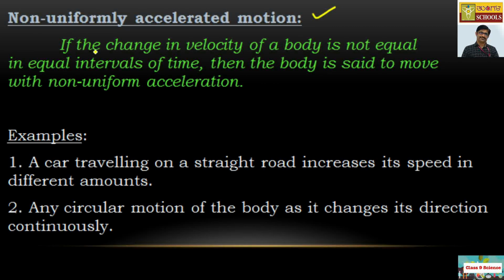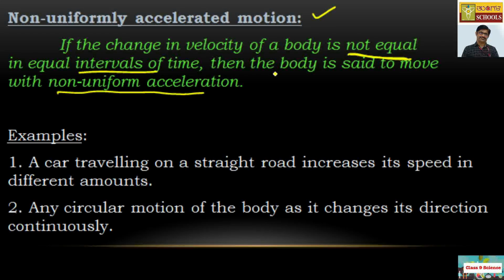I repeat, if the change in velocity of a body is not equal in equal intervals of time, then the motion of the body is taken as non-uniformly accelerated motion, or it is said to move with non-uniform acceleration. The change in the velocity of the body is not constant.